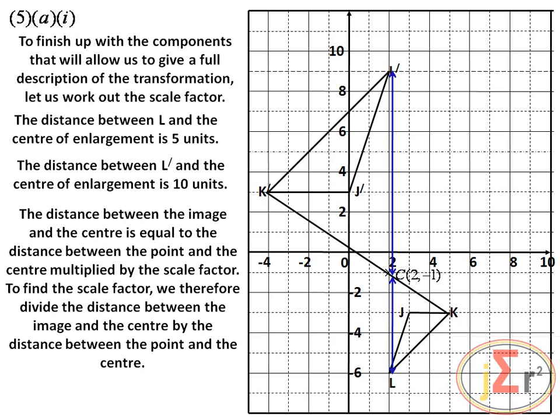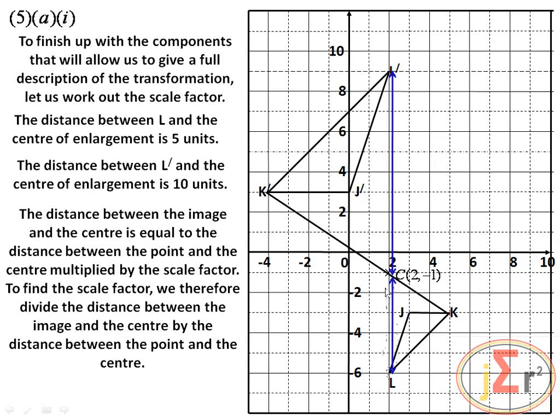Now, let us take a look. If we are attempting to find or to locate the image of the point L, which is L prime, we have the scale factor, say, and we have the original point. We will measure the distance from the point to the center.